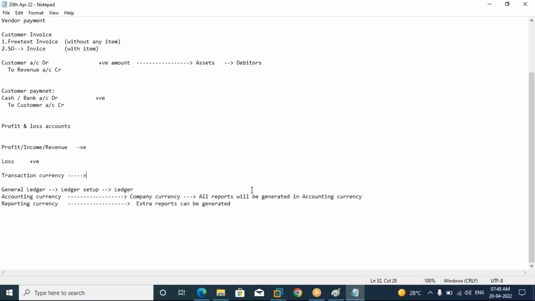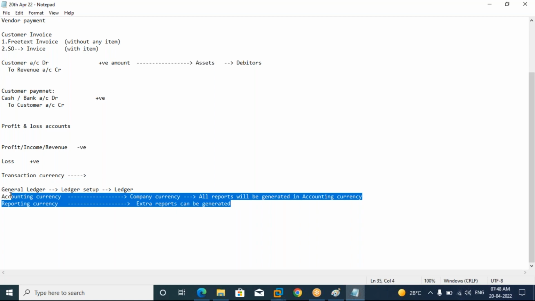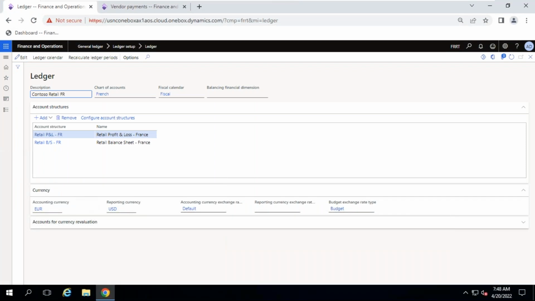See this transaction currency, whenever you are doing a transaction, based on your comfort, you can change the currency. Accounting currency and reporting currency cannot be modified, cannot be changed, because if you look at this one, it is frozen. You cannot modify.